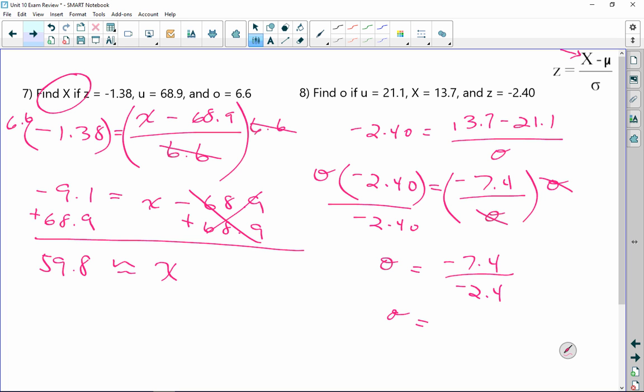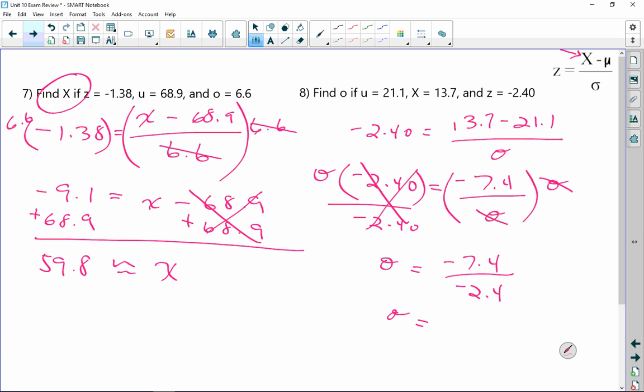Is it 4? Or wait, 3 point something? Would it not have ended up with negative 2.40 plus the little sign, and then equals negative 7.4? Well, yeah, 3.08. I just skipped a step. But you're multiplying here.